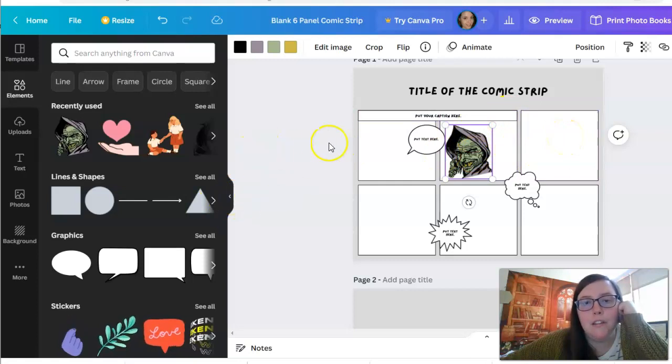Now, I've used Canva a lot, so I'm very familiar with how to manipulate the graphics here.